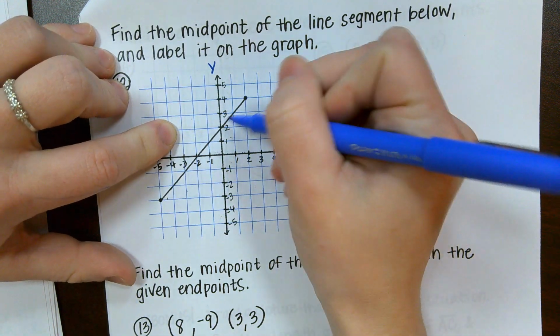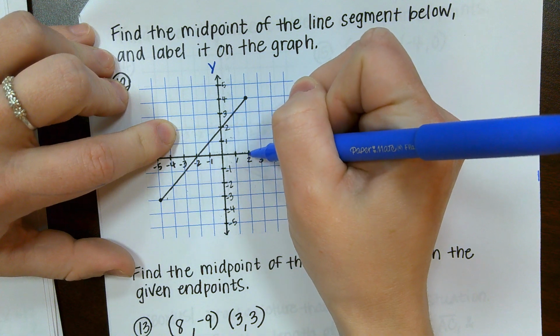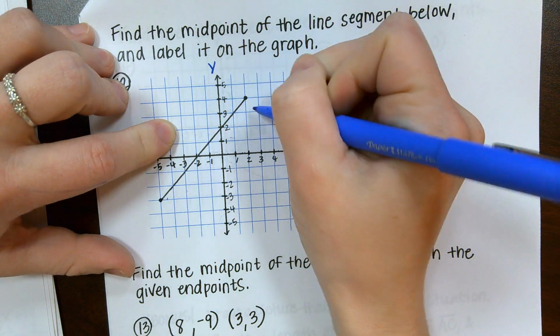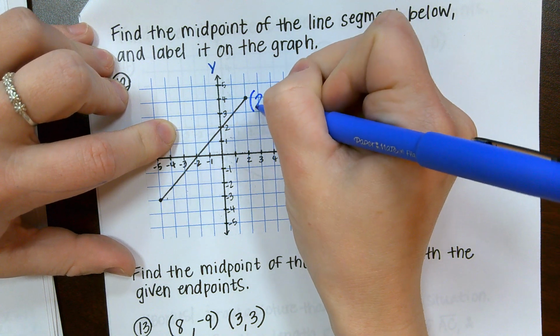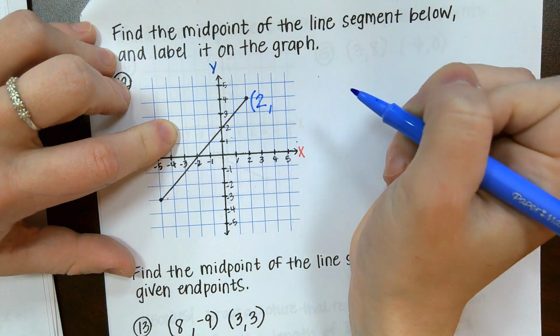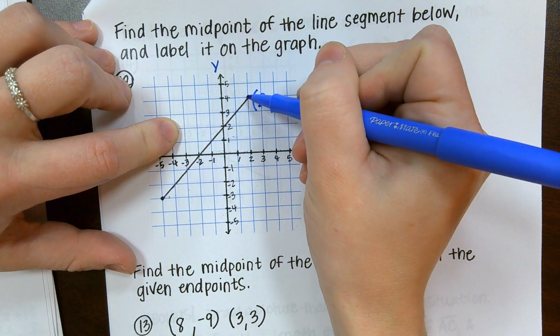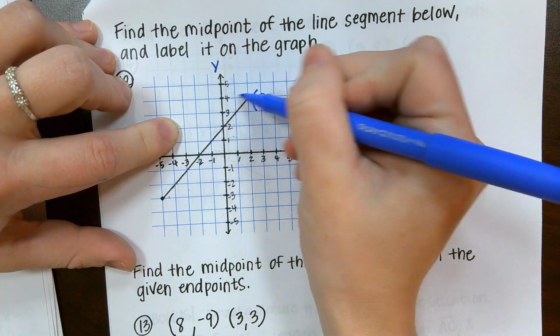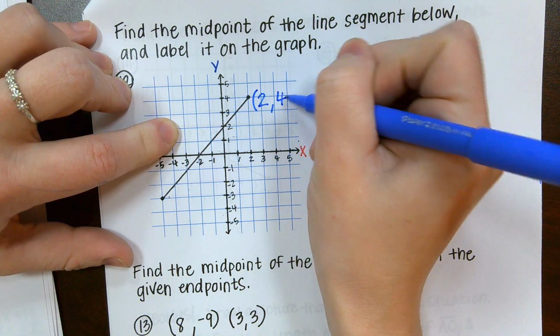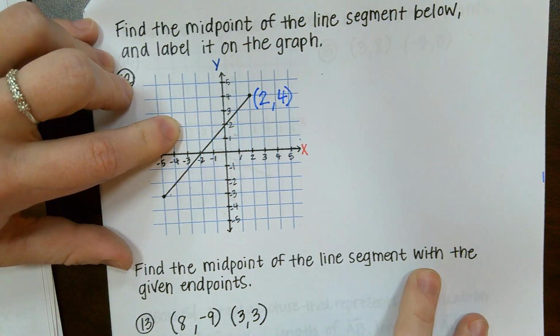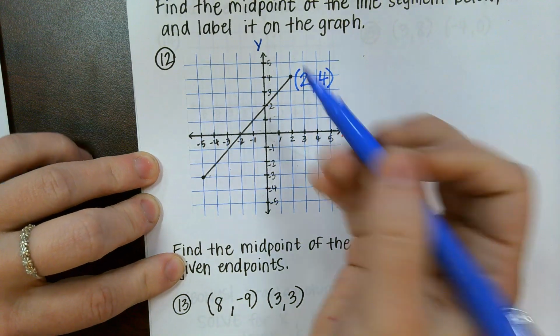My top point is landing on x, it's 2. So I will write 2 in the first slot of my coordinate. And then it also lines up with y's 4. So there's one coordinate. Now let's check the other.